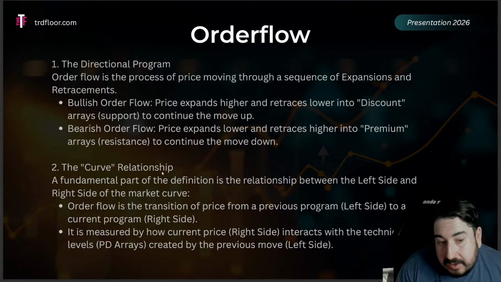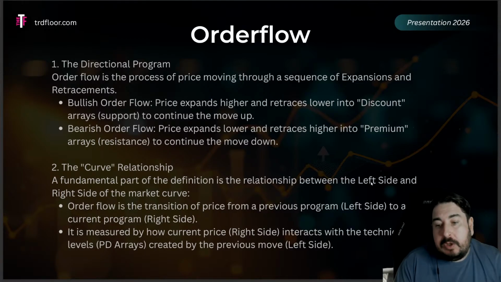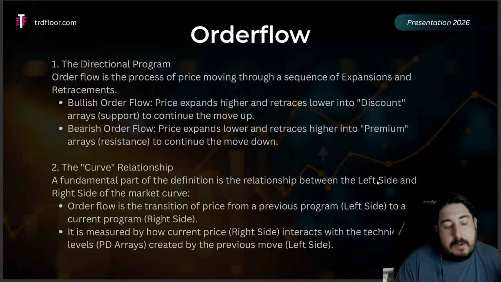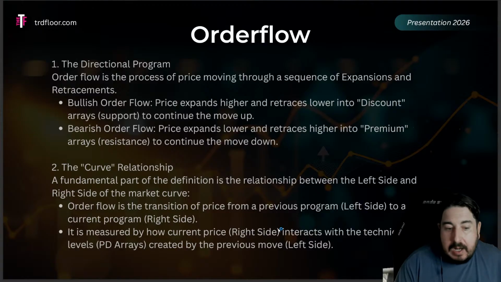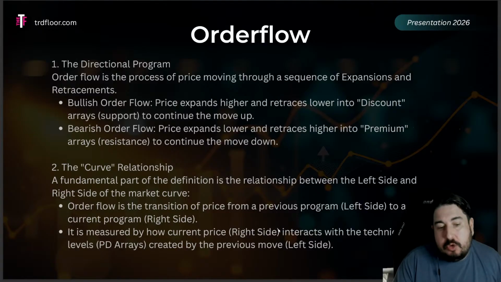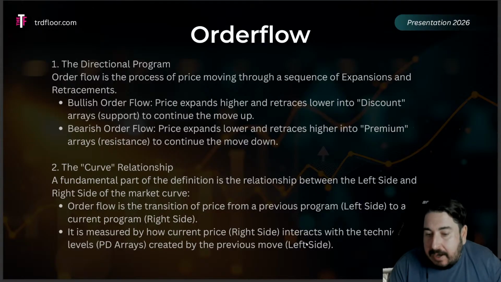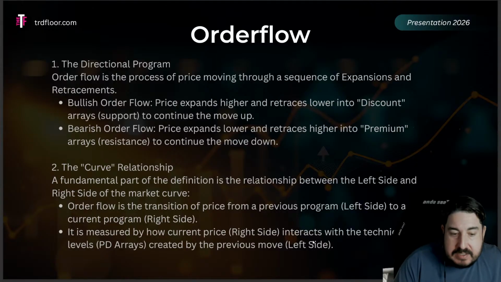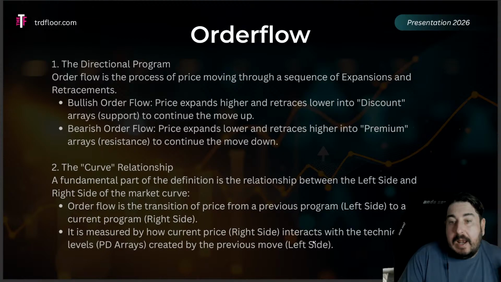The curve relationship. A fundamental part of the definition is the relationship between the left side and right side of the market curve. Order flow is the transition of price from previous program, left side, to a current program, right side. It is measured by how current price, right side, interacts with the technical levels, PD arrays, created from the previous move, left side.